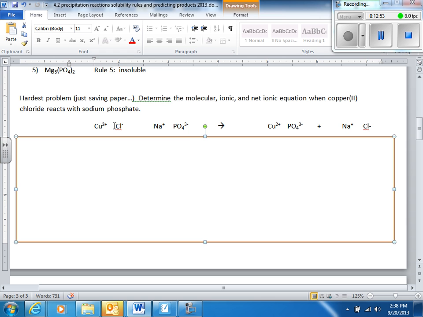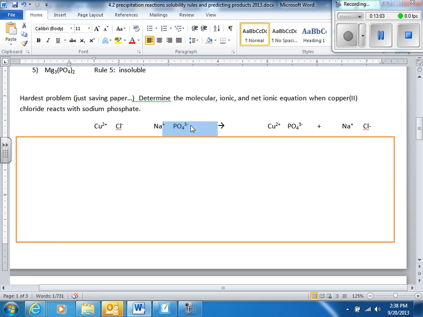And now remember we switch the negatives. So here I've got copper with the phosphate, sodium with the chloride. I just switched the places where the copper and the phosphate were. Now I have to put these together to get the formulas, make the charges all add up to 0. So this will be CuCl2, Na3PO4 to make that add to 0, Cu3(PO4)2 to make that add up to 0, and NaCl.